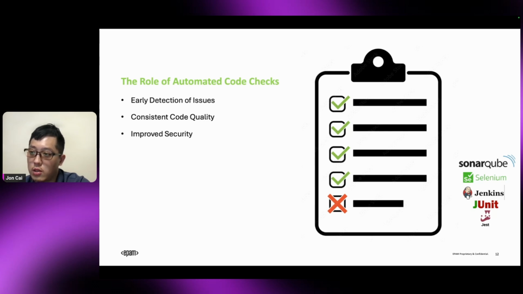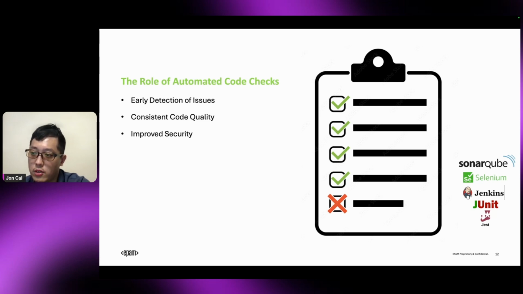The third one is improved security, because automated code check can identify security vulnerabilities in code, such as hard-coded credentials, insecure APIs, and improper error handling. By addressing these issues early, businesses can reduce the risk of security breaches.